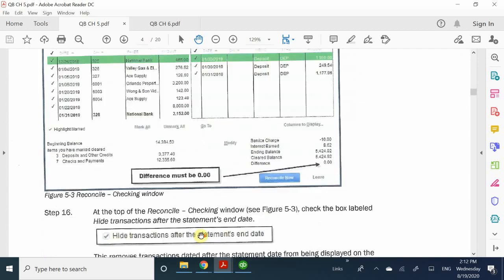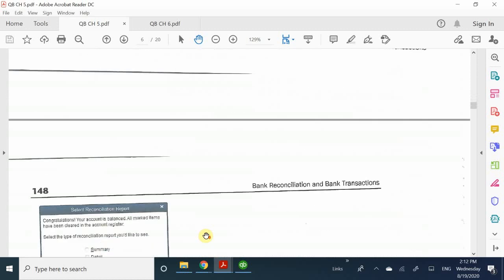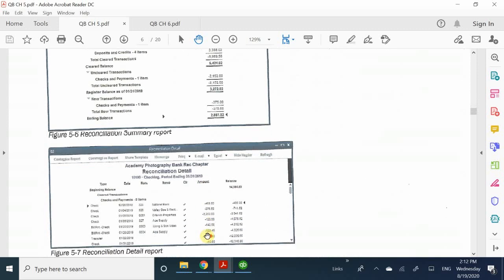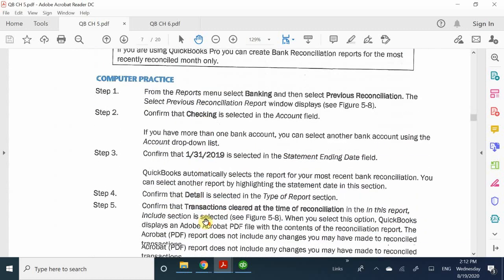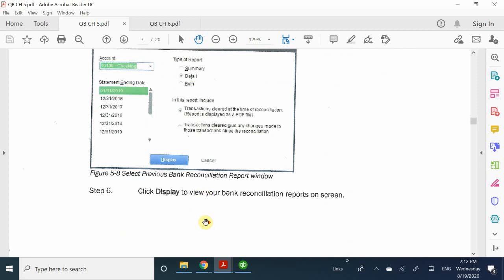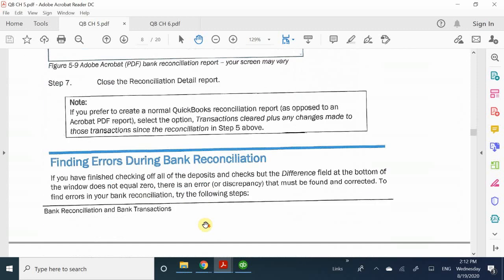Exactly. Now we're going to be moving into looking at bounced checks. Okay, so let me go ahead and scooch on forward. Reconciliation reports. Okay, so again, we have to look at those two reports that happen at the end after you've completed your report.